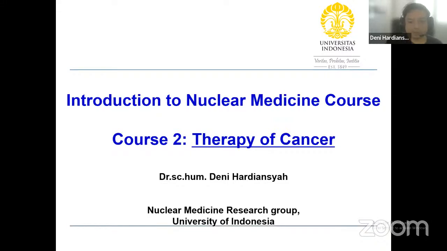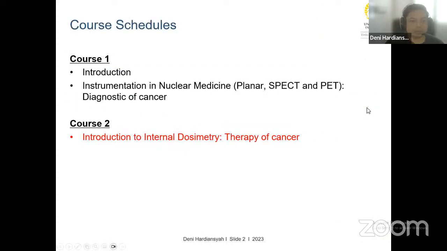So today we will continue our class about the introduction to nuclear medicine. In this second course, we will discuss the therapy of cancer. Just to remind ourselves, this is the second of the two courses describing nuclear medicine.